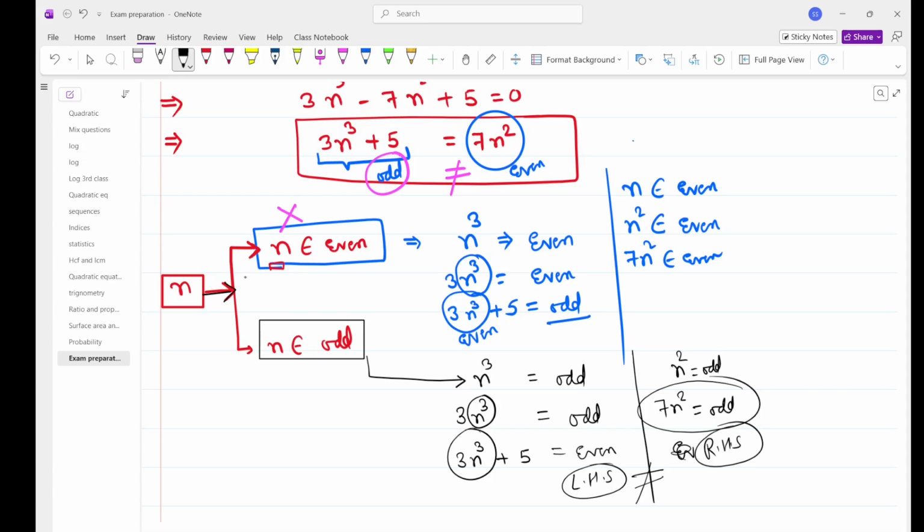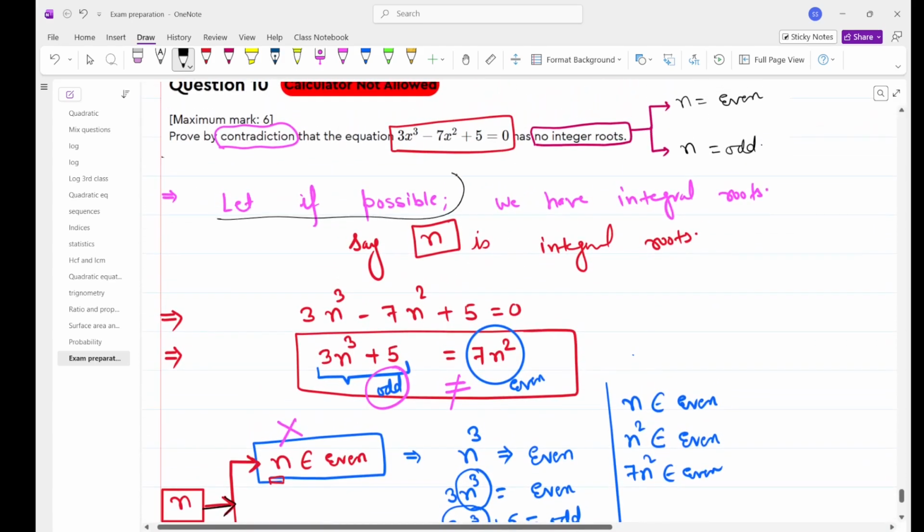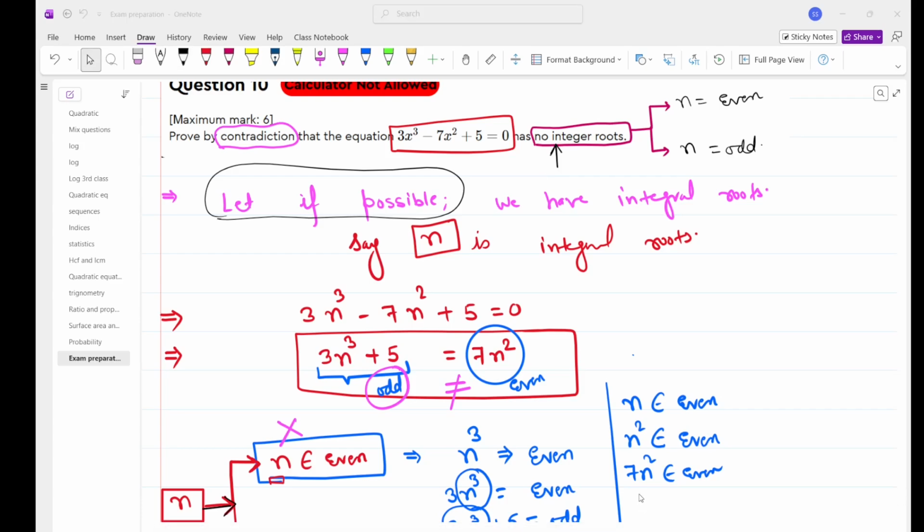Either your integer can be even or odd, but none of the cases satisfies the equality condition. So it means there is a problem in our assumption. It means we can say that this equation can never have integral roots. That's the proof. Any doubt? No. Okay, very good.